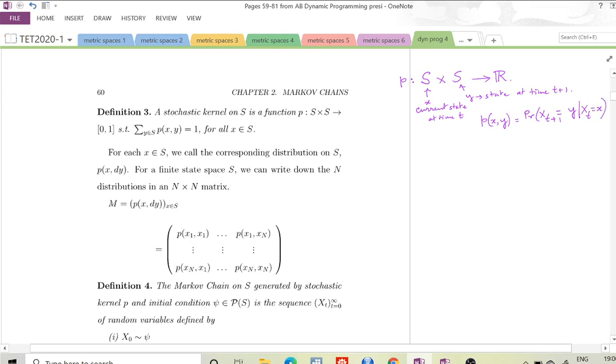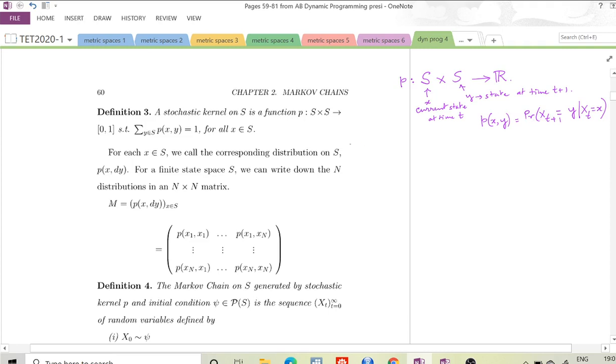This is a conditional probability. Markov processes have this property that the probabilities of the positions of the state tomorrow can be entirely described by the current state, the state today. So this conditional probability is going to suffice to give us probabilities for whatever the state is tomorrow.